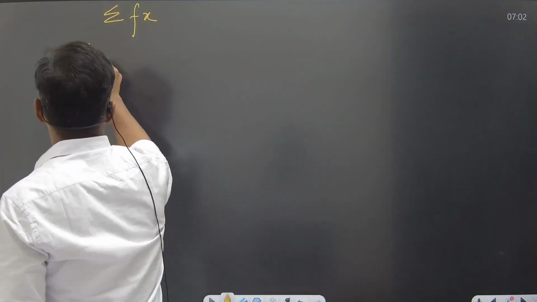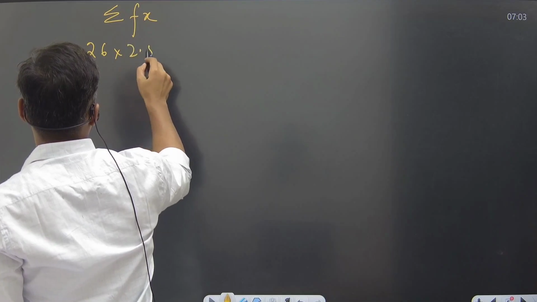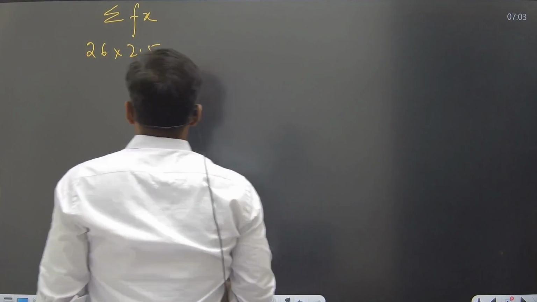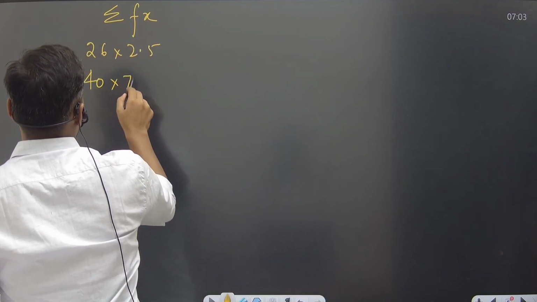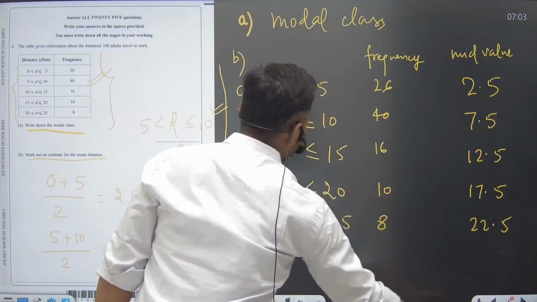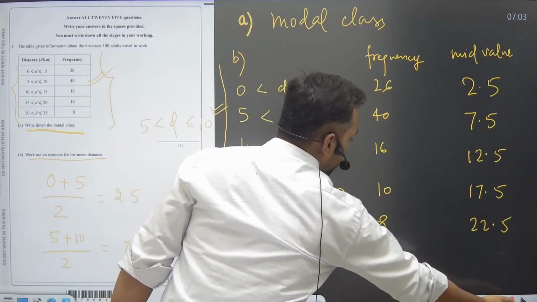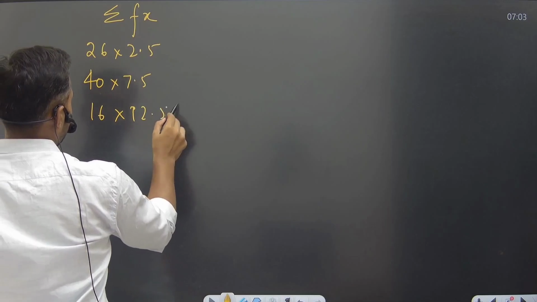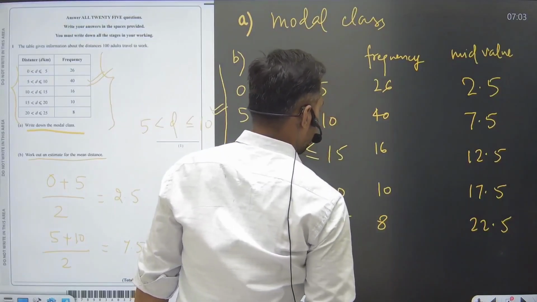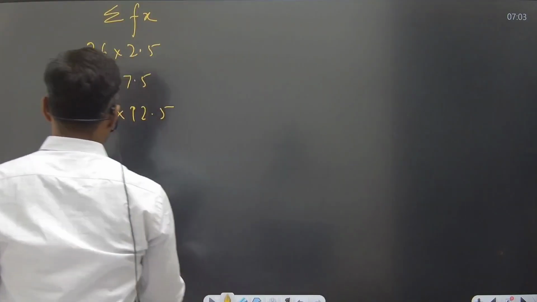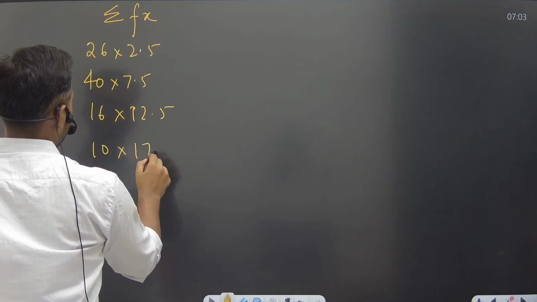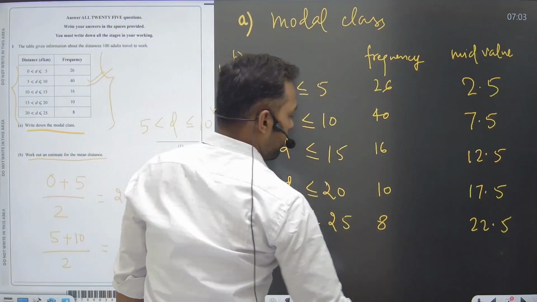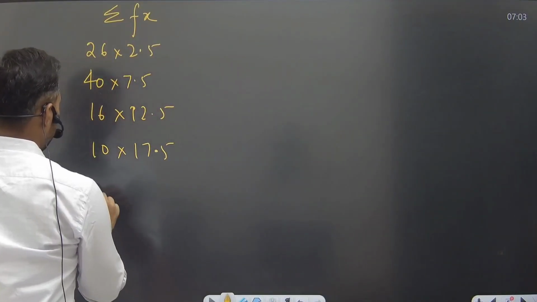Means we get 26 into 2.5, 40 into 7.5, 16 into 12.5, 10 into 17.5, and 8 cross 22.5.